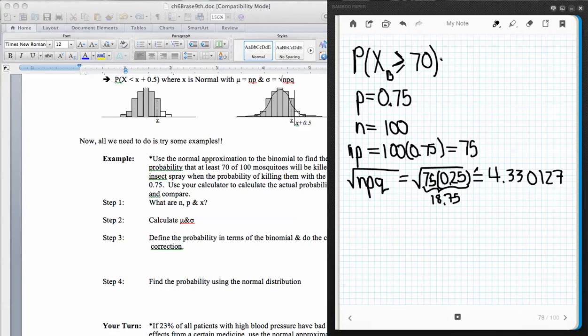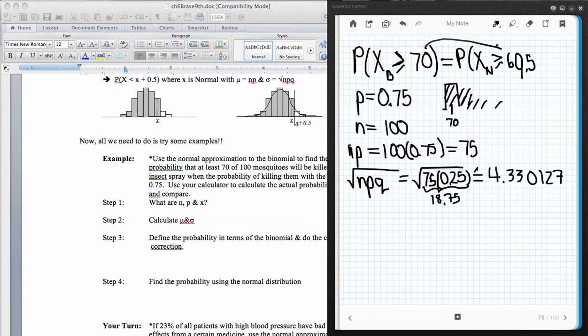So I want to first of all do a continuity correction on this. What I want to do is take this probability from a binomial to the normal one, so greater than or equal to. So I want to be greater than or equal to 70. Here's my 70 bar. Greater than or equal to this 70 bar, remember, is going to include the 70 bar and then go out here. So I have to start at this point here, which is 70 minus 0.5, or 69.5.